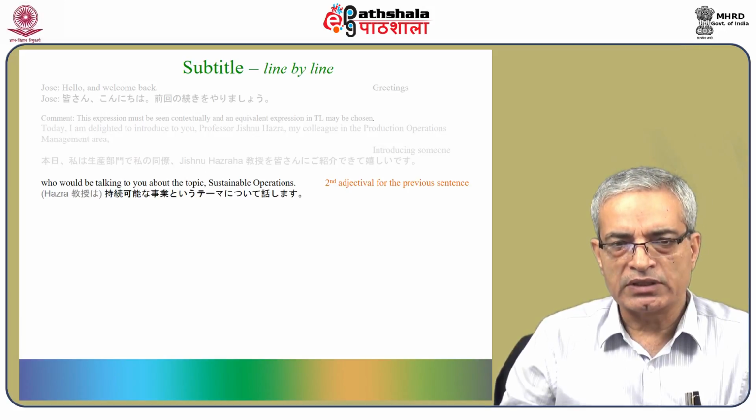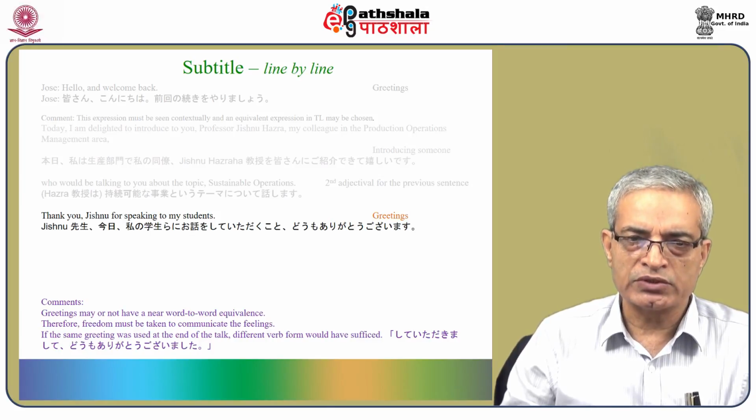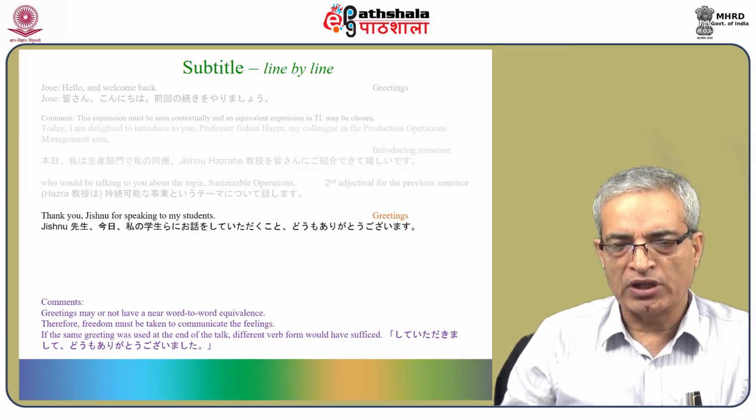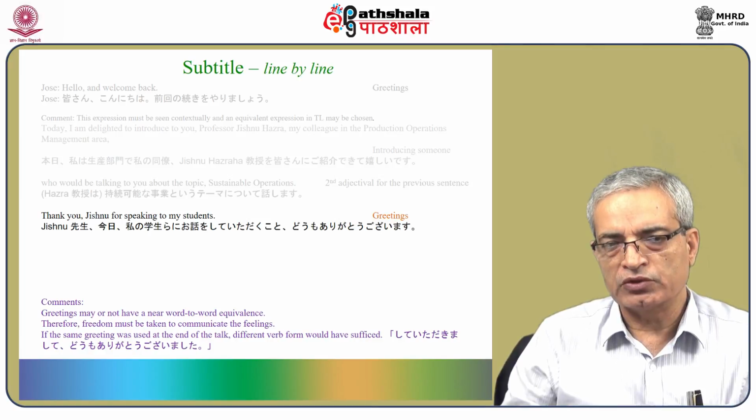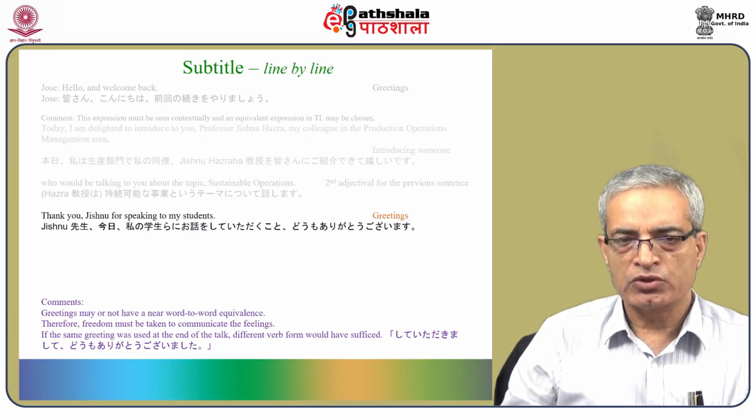So here this is the adjectival clause, and thank you Jishnu for speaking to my students. Well, in English people don't put title. For example, addressing Jishnu is not done, you call by name. In Japanese it's preferable to say Jishnu sensei. Kyo watashi no gakusei ra ni o hanashi o shite itadaku koto domo arigatou gozaimasu.